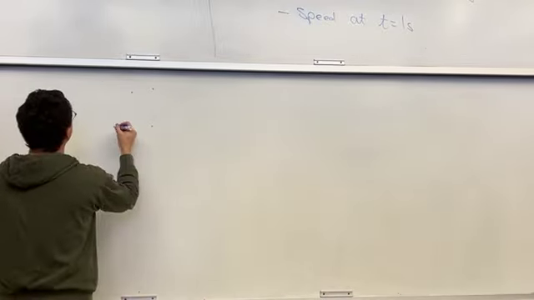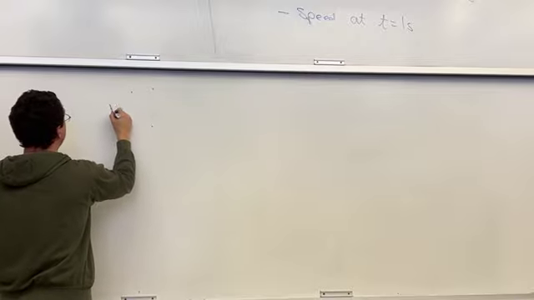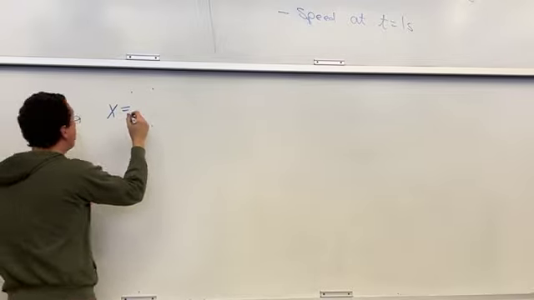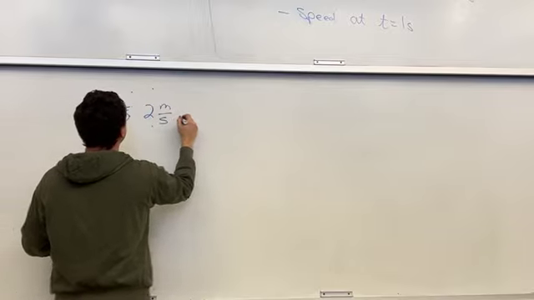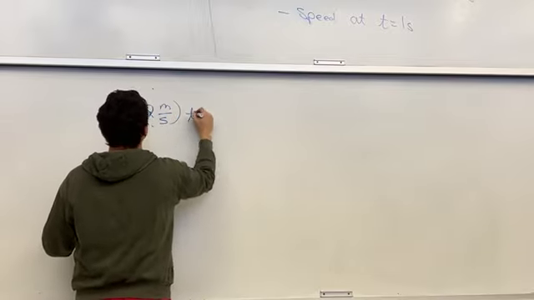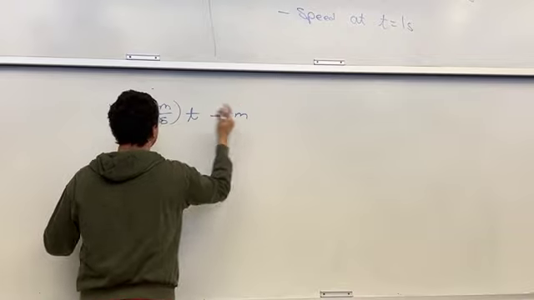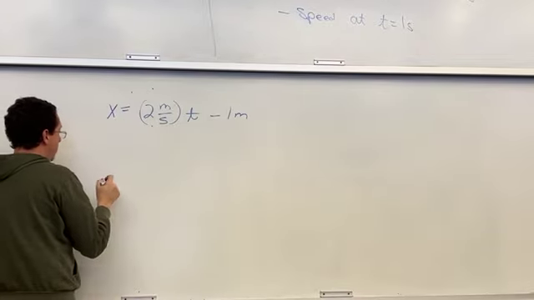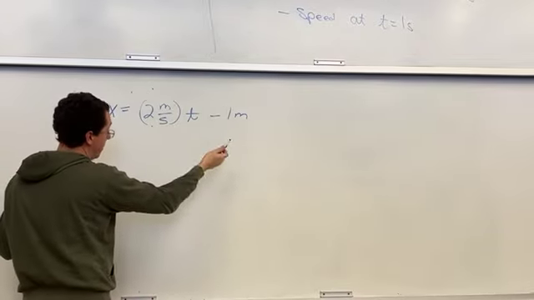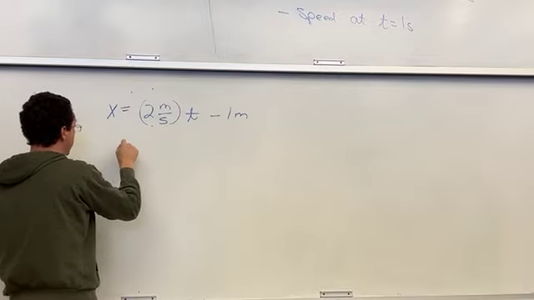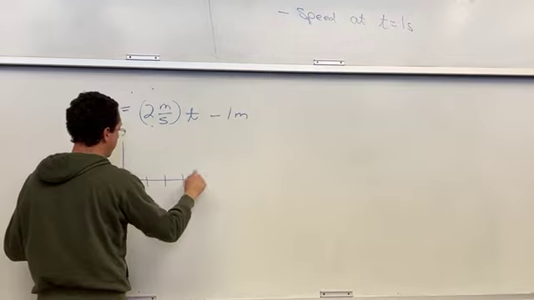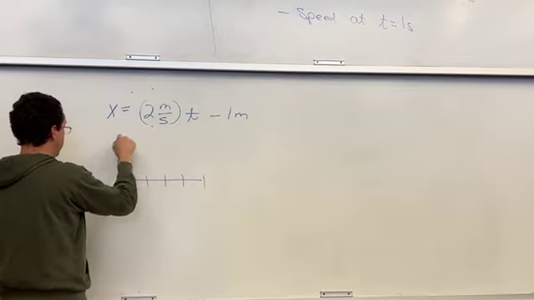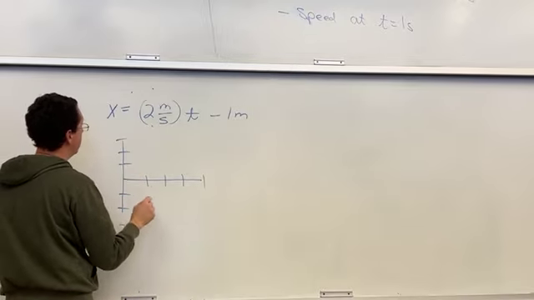So my equation is x equals 2 meters per second times t minus 1 meter. So this is a linear function in time. So it's not too bad to graph. 1, 2, 3, 4. All right.